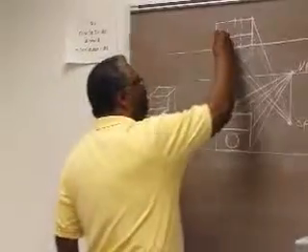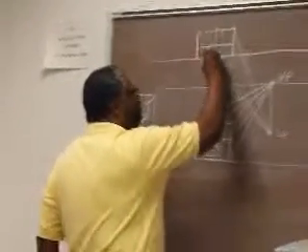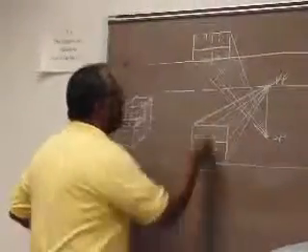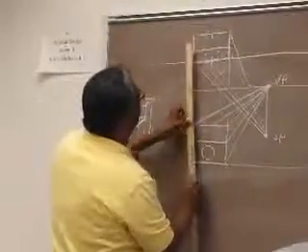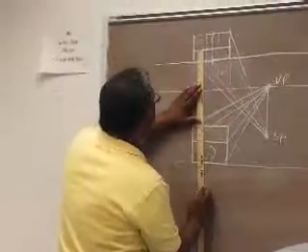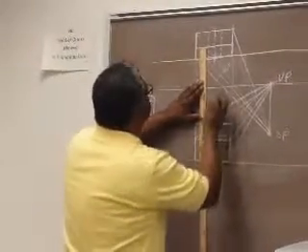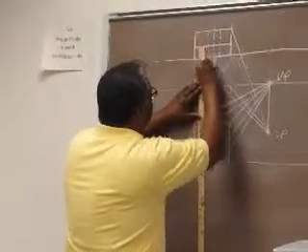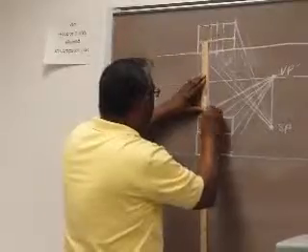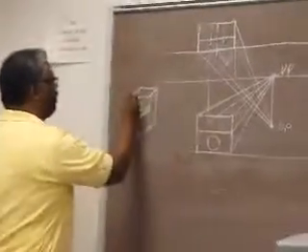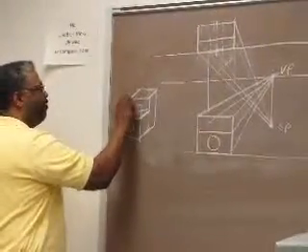Then I draw this line from here to there, where it crosses the picture plane. Where it crosses your picture plane, you bring it straight down, and where it hits that line here locates this corner right here.